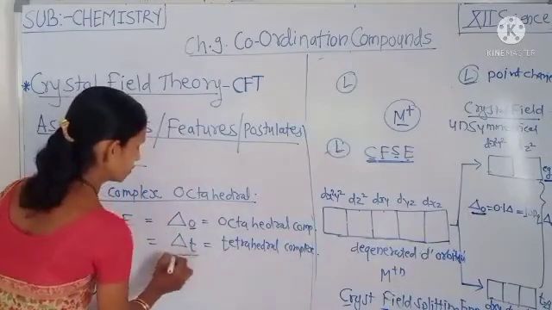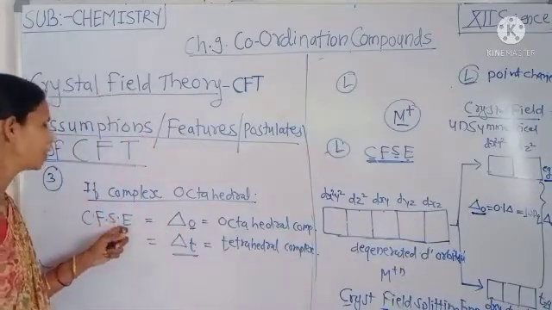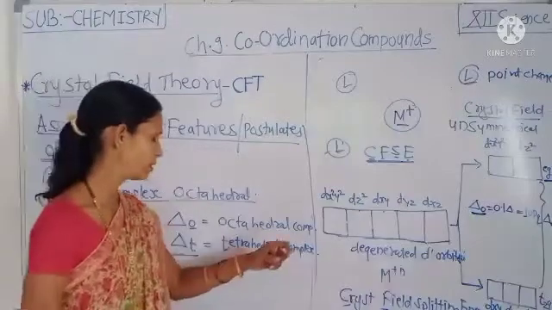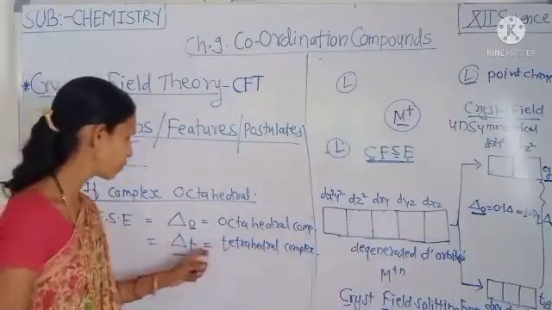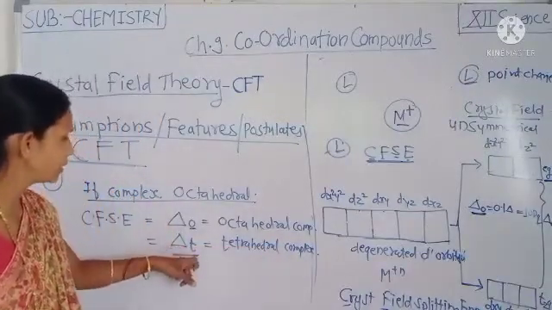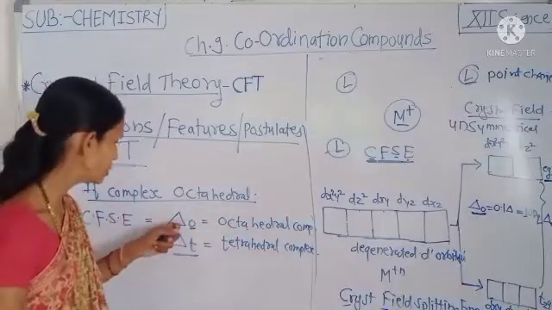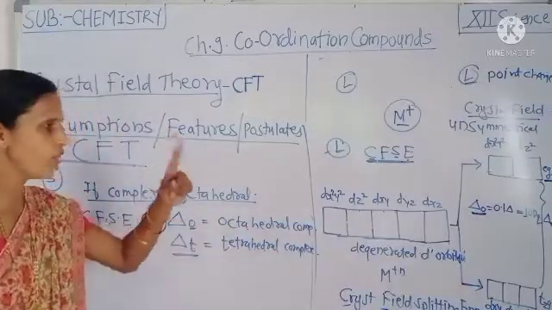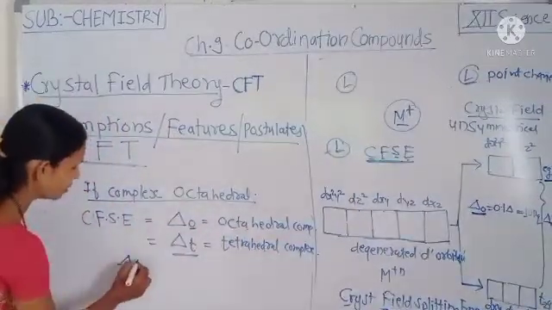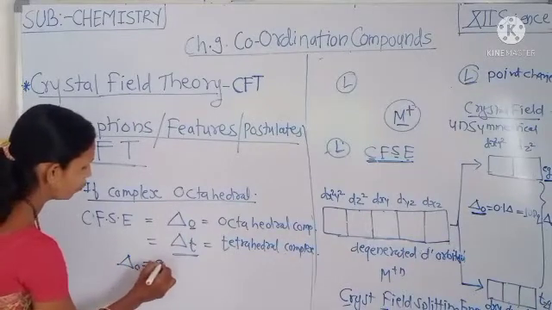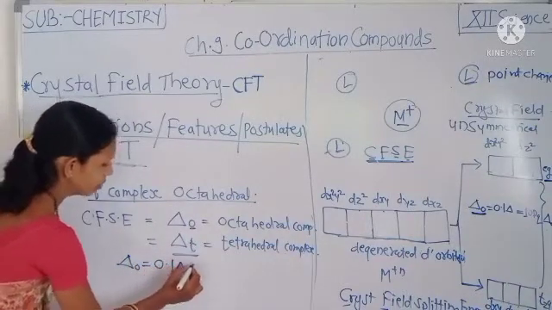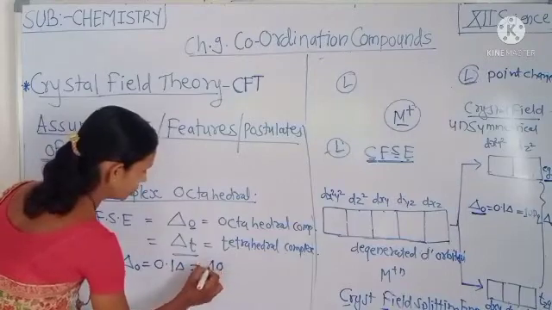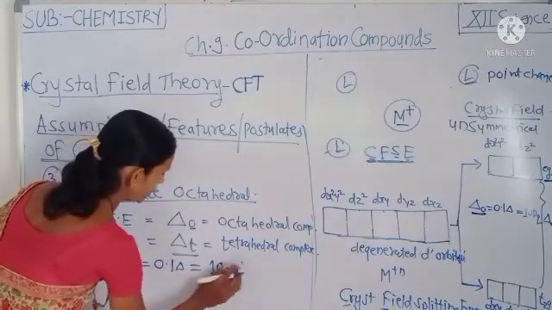That is, the crystal field splitting energy for a tetrahedral complex is denoted by delta T, and for an octahedral complex it is denoted by delta O. The value of delta O is 0.1 delta, or it is also known as 10 Dq.